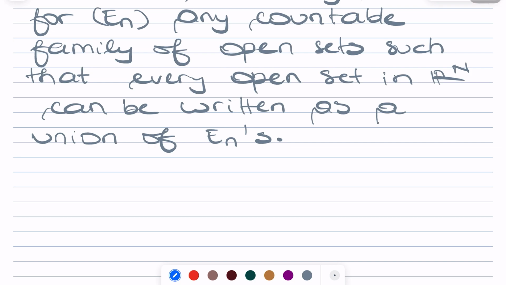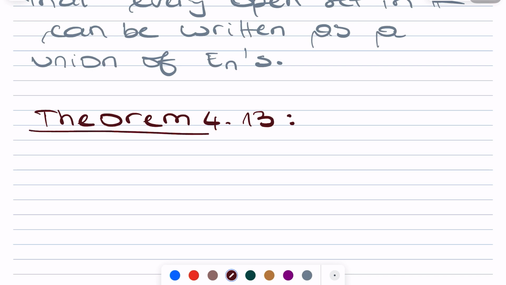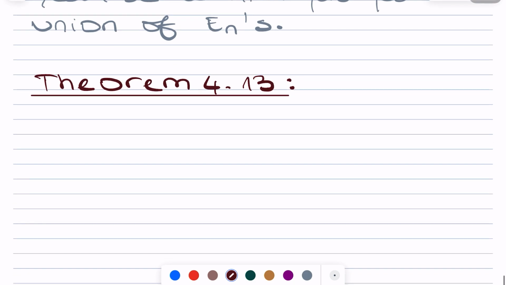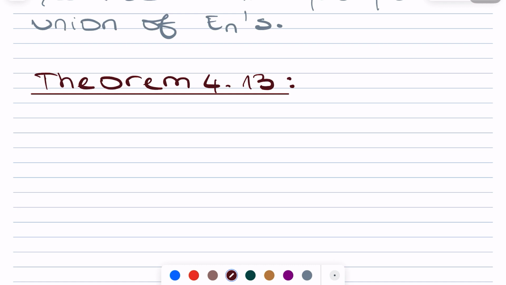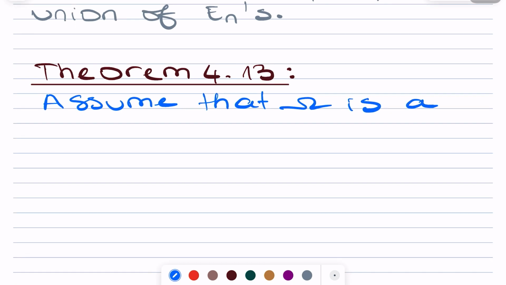Okay, so Theorem 4.13. This is about the separability of the L^p space. So assume that Omega is a separable measure space.